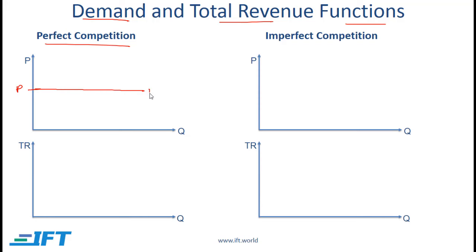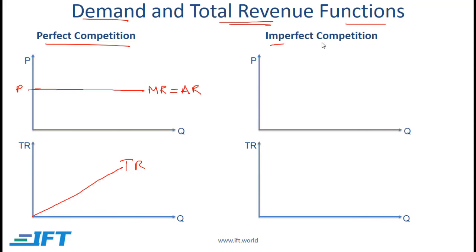This market price is equal to the marginal revenue, which is equal to the average revenue. What about the total revenue? So any firm can sell as much as it wants, and the total revenue will increase in a linear fashion because every unit is being sold at the same price. So this is fairly simple.